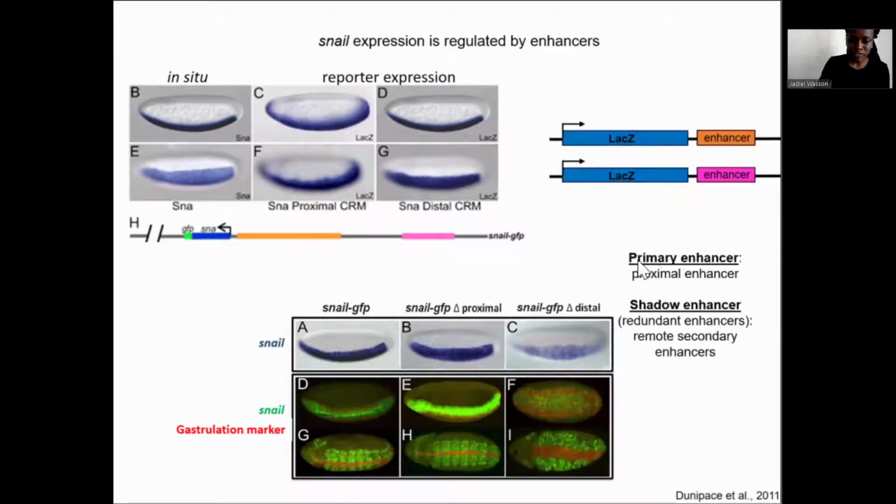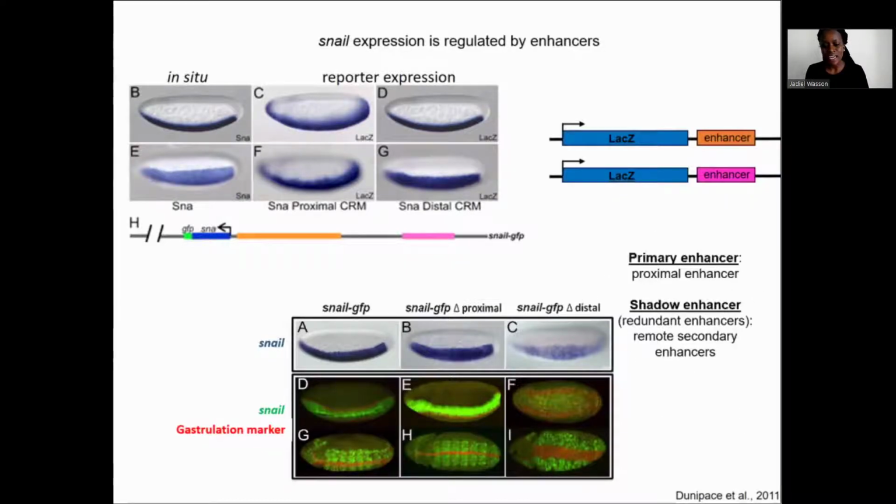So the difference between these two enhancers is that one is considered the primary enhancer of snail, as it's proximal, and this other enhancer, this peak enhancer, which is distal to snail and located in a separate gene, is actually considered a shadow enhancer. A shadow enhancer is essentially a redundant enhancer, and they tend to be remote secondary enhancers compared to proximal enhancers.